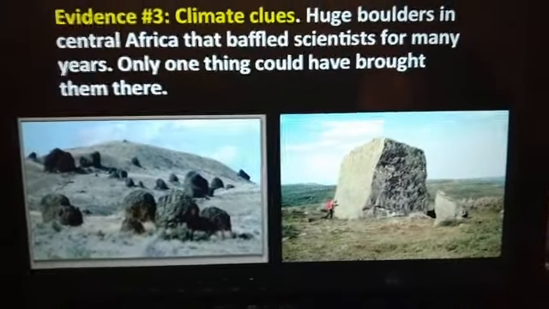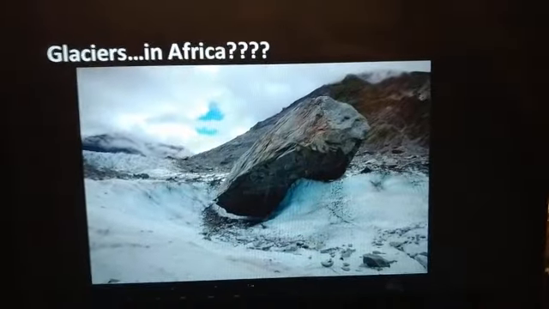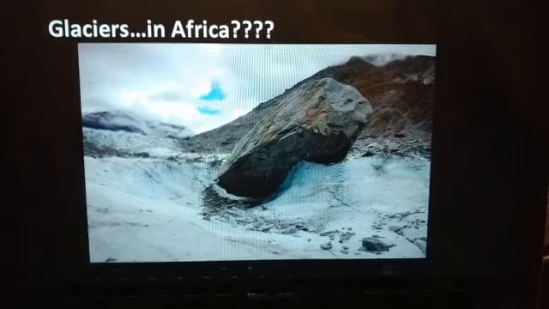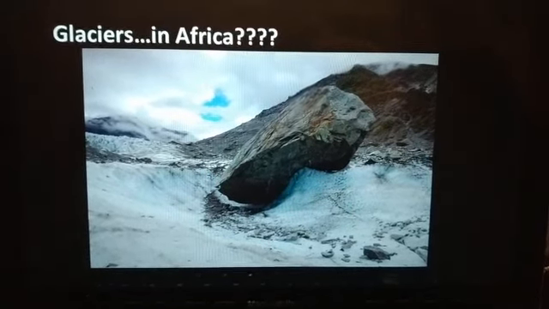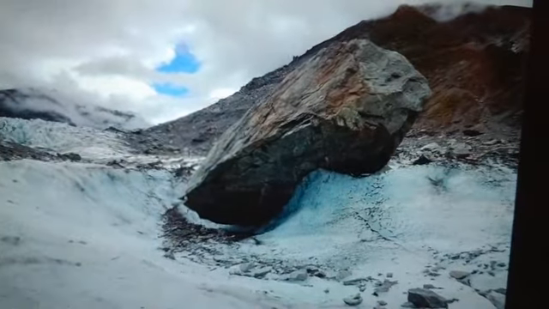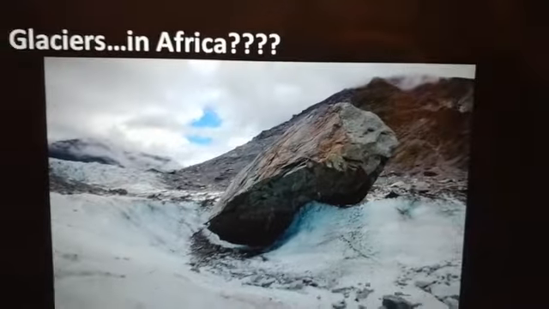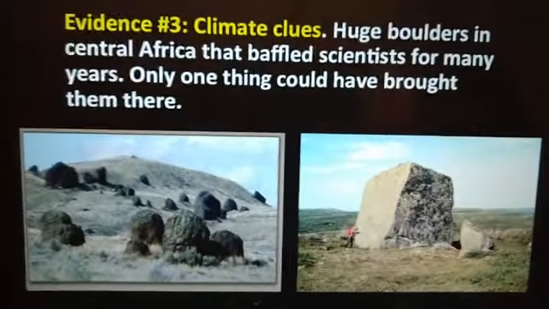And how would it be possible that ice was in Central Africa at any point? And yes, it appears as though there were once glaciers in Africa, that maybe Africa was closer to the South Pole and had huge sheets of ice that were moving these big rocks around. And then once the ice melted, it left the rocks just laying around as they are today.